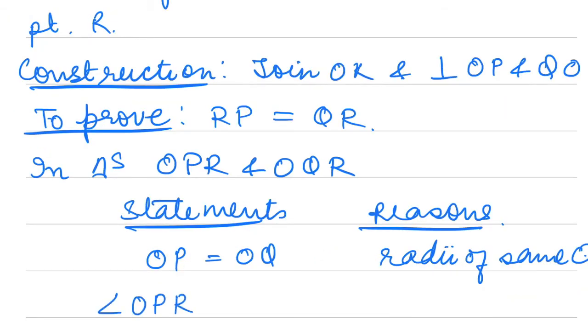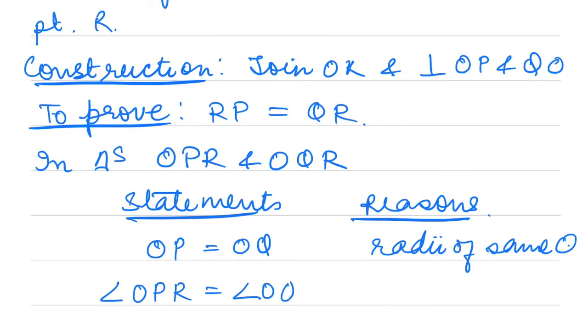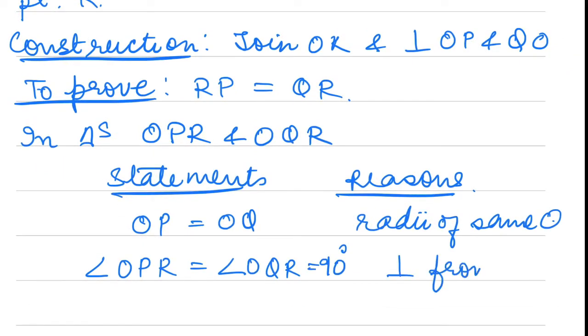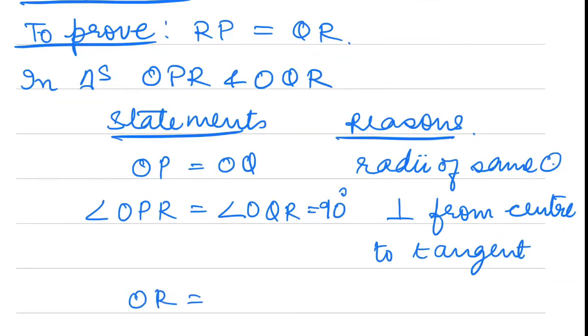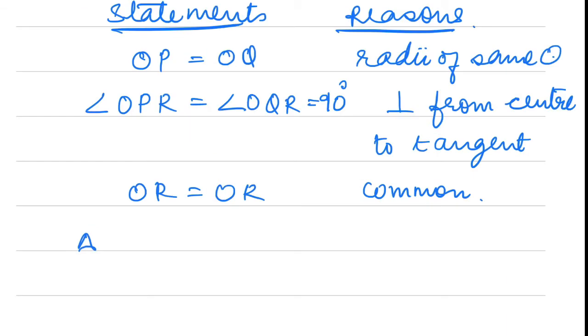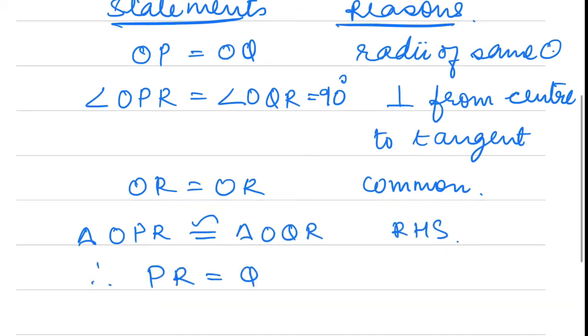Angle OPR is equal to angle OQR is equal to 90 degree, perpendicular from center to tangent. OR is equal to OR, so that is common. Triangle OPR is congruent to triangle OQR by RHS property. Therefore, PR is equal to QR by CPCT. So hence proved.